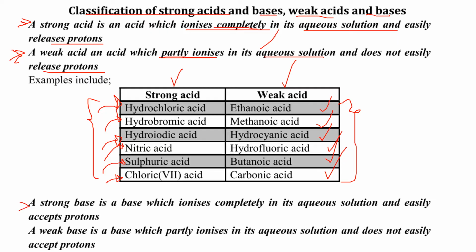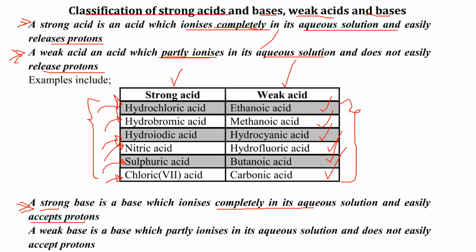So looking at a strong base, we define a strong base as one which ionizes completely in its aqueous solution and easily accepts protons. We consider Bronsted-Lowry's theory to define these statements. First of all, the word strong implies full ionization, or complete ionization.